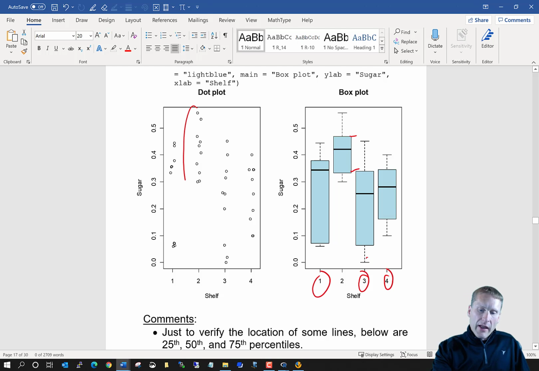We saw that same idea here, and we also saw it with some of our numerical summary measures as well. And so this is giving us more initial evidence, before we do a formal statistical analysis, that there's something up here with respect to shelf 2 in terms of the sugar content in comparison to shelf 1, 2, and 3.